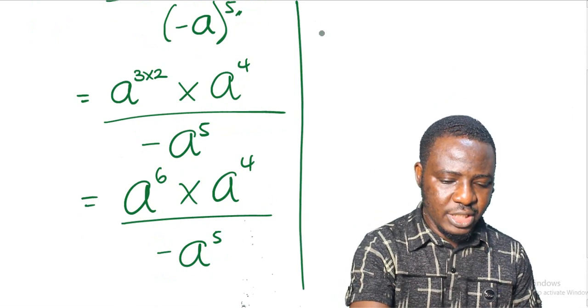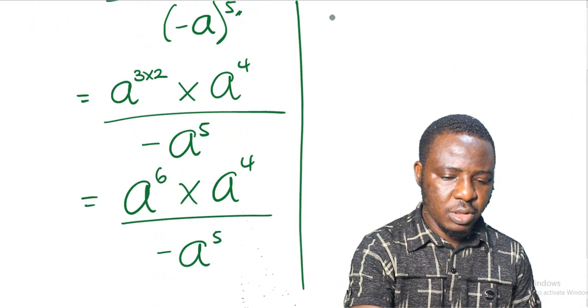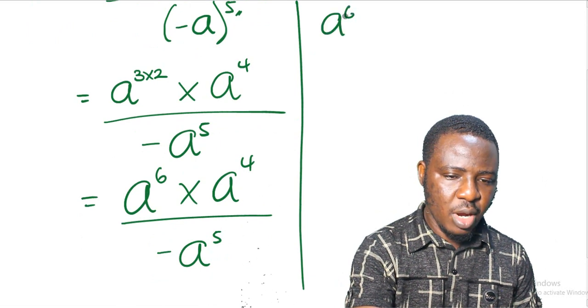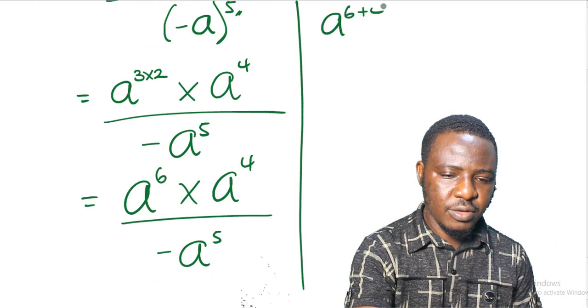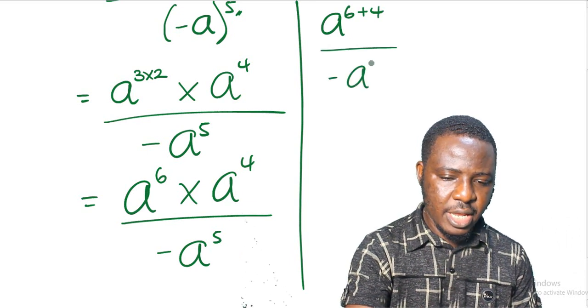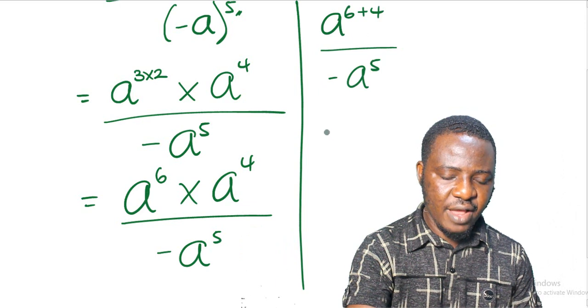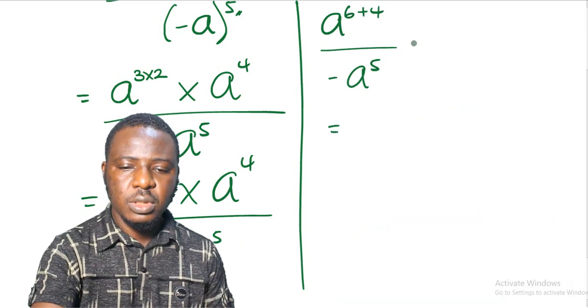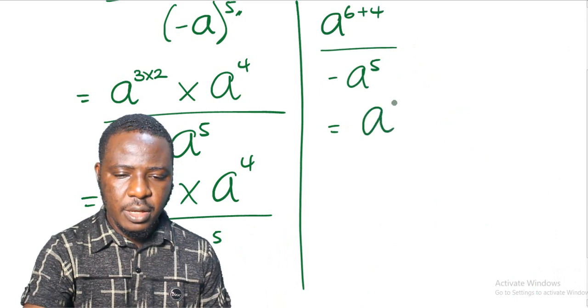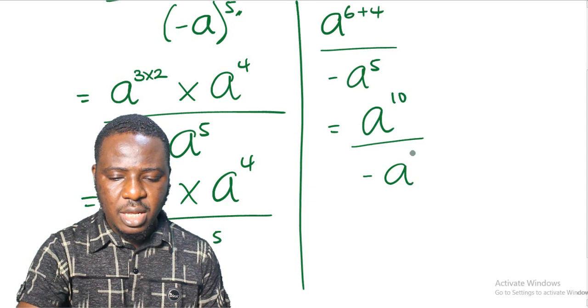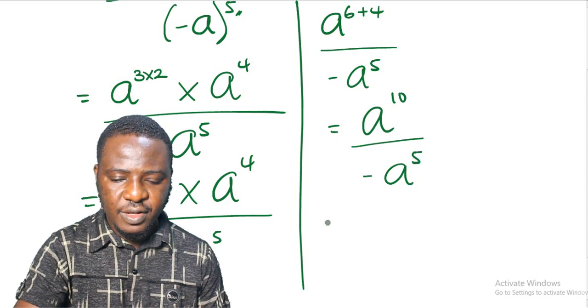So when you do this, simplify the numerator, a raised to the power 6 plus 4, divided by minus a to the power 5, and this is equal to a to the power 10 divided by minus a to the power 5.